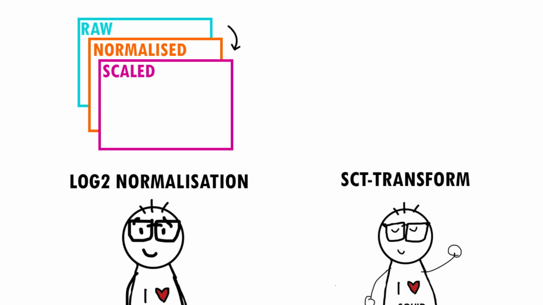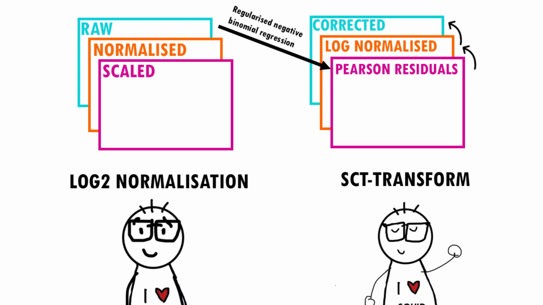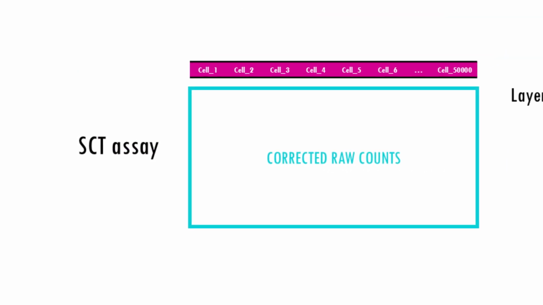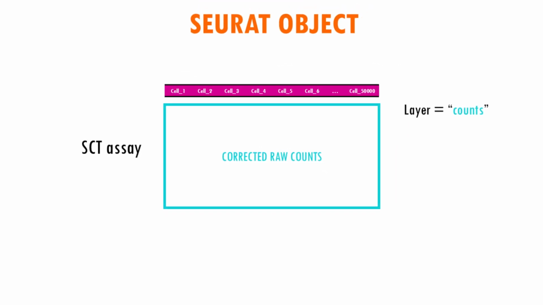The SCTransform method uses a statistical model, in particular a regularized negative binomial regression model, to perform normalization, accounting for both technical noise and biological variation in a more sophisticated way than simpler normalization techniques. All this is to say that when we run SCTransform on our data, a new assay will be created, the SCT assay.